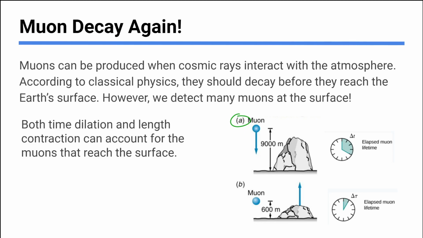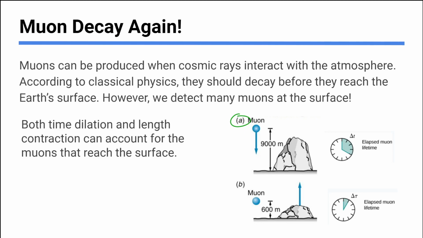But does that make sense from the muon's point of view? Well, we got to think about the muon's point of view, which is so fun. If you're the muon, you do decay in 2.2 microseconds, but also this distance, since you're moving relative to the Earth, this distance is contracted. To the muon, this distance, if I divide that 9,000 by the Lorentz factor, works out to be about 600 meters, which is a little shorter than the muon will go in its 2.2 microseconds.